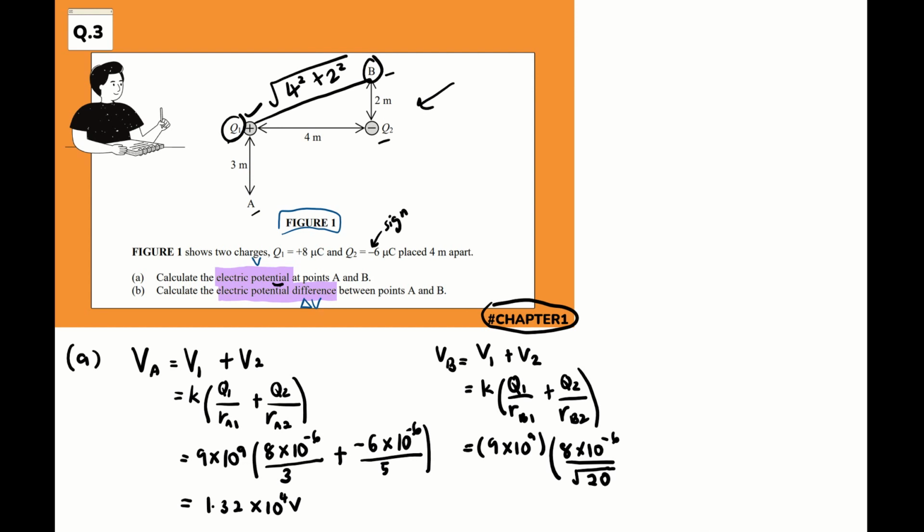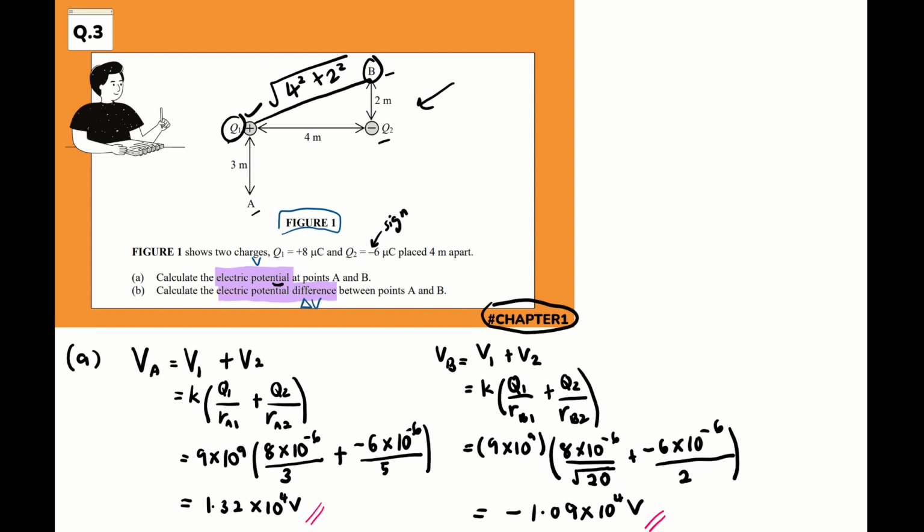Then plus negative 6 times 10 to minus 6 over 2. Then you will get negative 1.09 times 10 to 4 volts. So this is for VA and this is for VB.